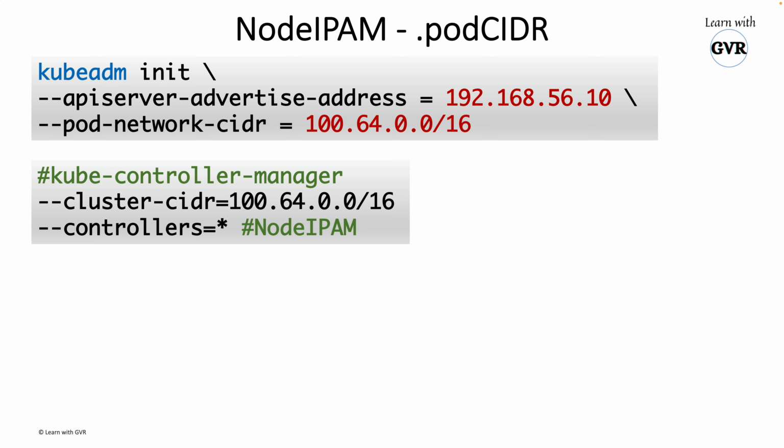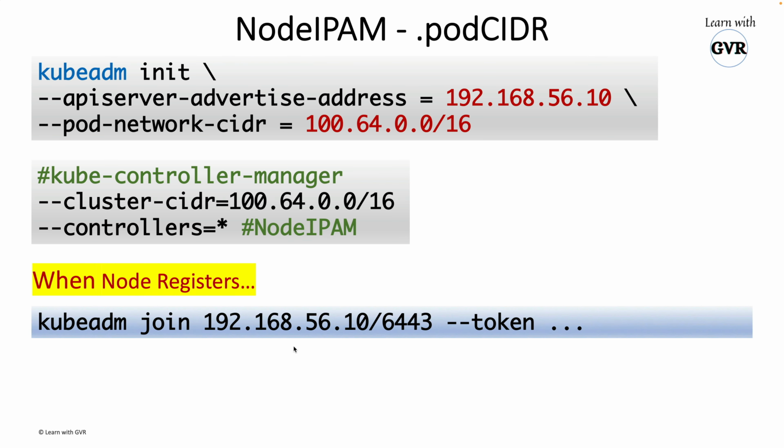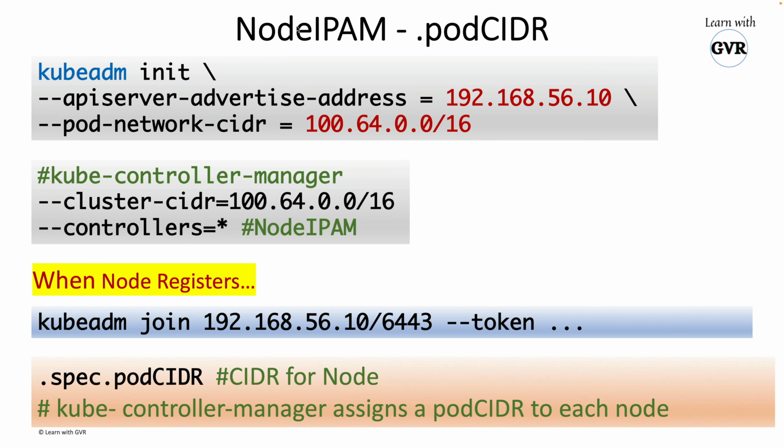How do you provision a node here? When you register a node by using kubeadm join, which is again in the same CKA, right. When you kubeadm join 10 nodes, you will be able to join. So whenever you join a node, what NodeIPAM does is share this IP address space and assign some CIDR range to the respective node.